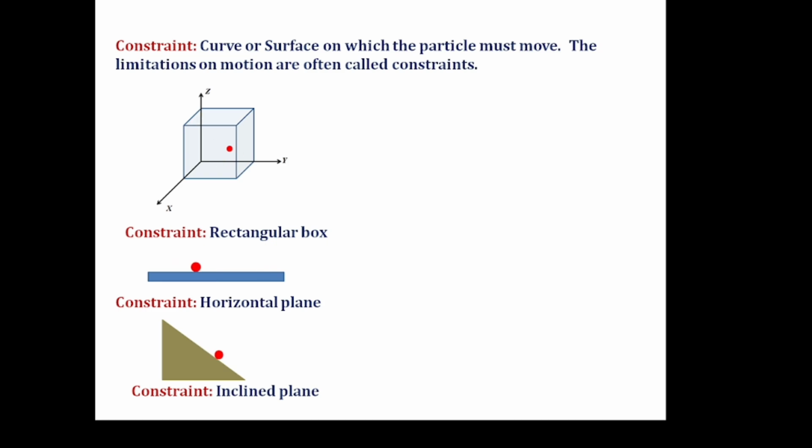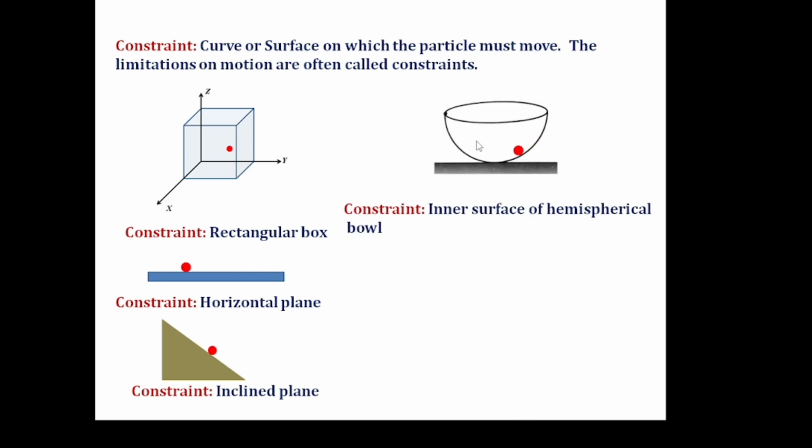The third one, the constraint is the inclined plane. Fourth one is the inner surface of the hemispherical bowl. Because of this inner surface geometrical shape, the particle is forced to move along this direction, oscillating. Now the fifth one, the constraint is the inextensible massless string.